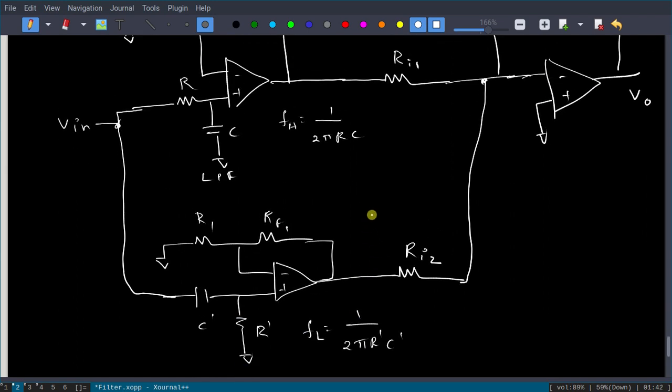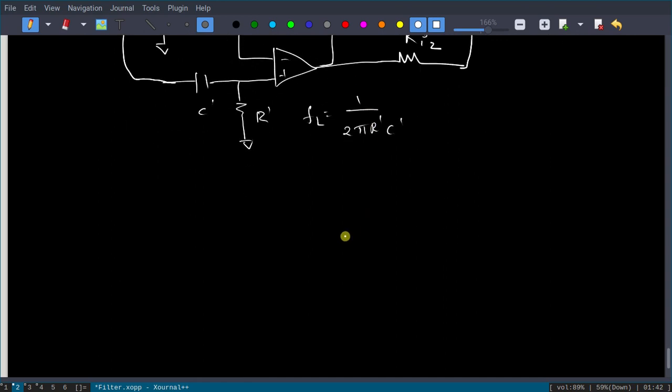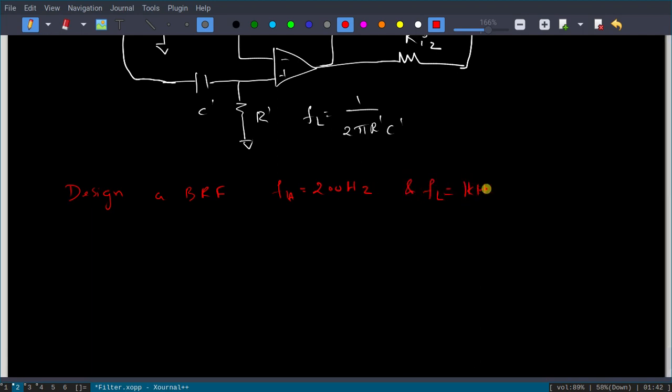We will see one example, then you will understand very easily. Let us design a wide band reject filter with FH 200 hertz and FL 1 kilohertz, with pass band gain equal to 2.